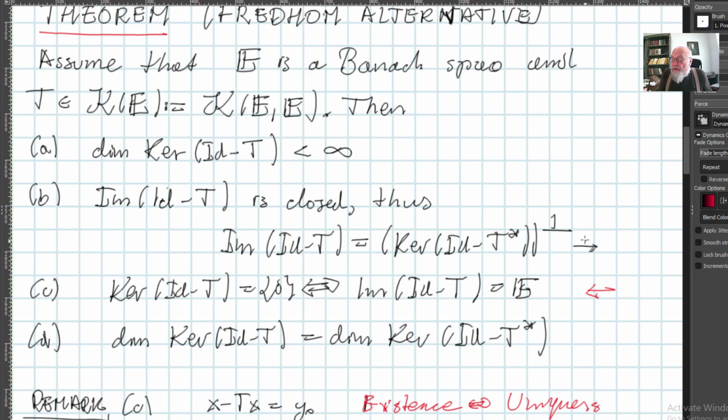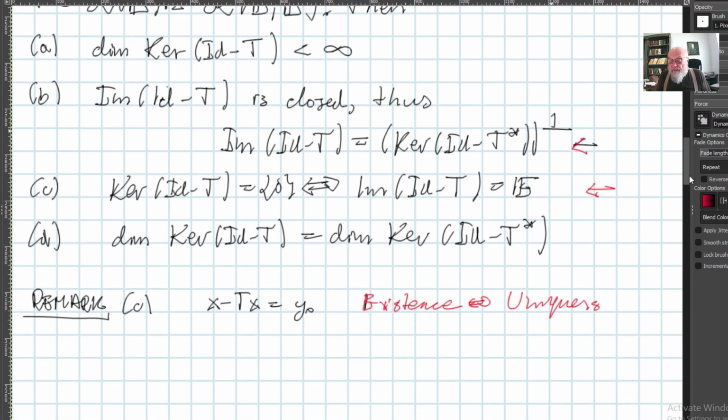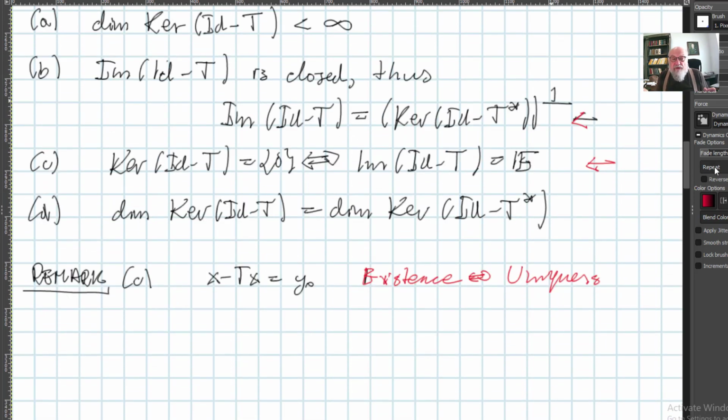This is problem B. In this case, that means simply that this is an operator of Fredholm index 0, which we will be discussing later if I am still able to fit it in this course. So existence equals uniqueness.